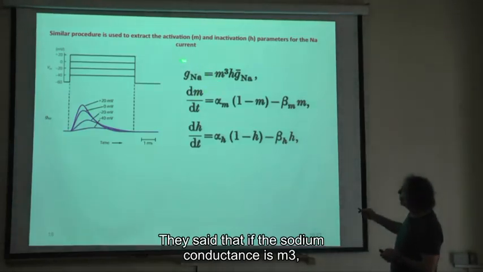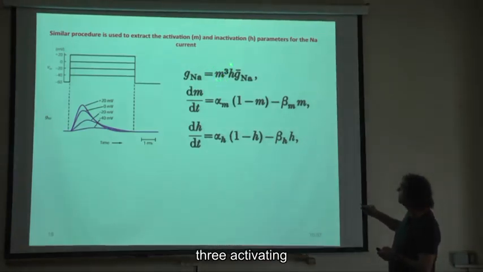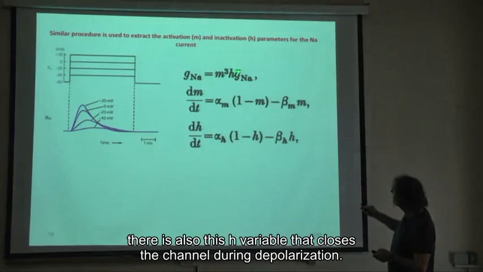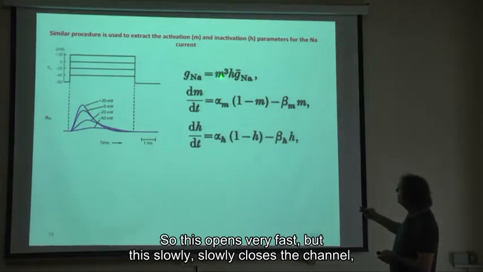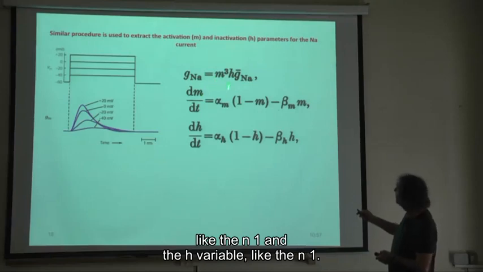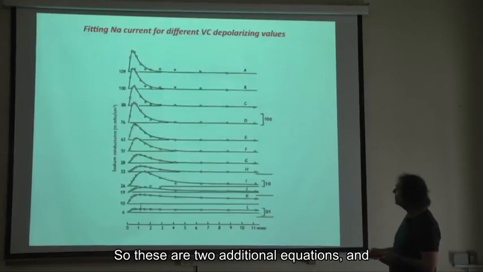They said that the sodium conductance is m cubed, three activating variables that tend to open the channels due to depolarization, but there is also this h variable that closes the channel during depolarization. So this opens very fast, but this slowly closes the channel, and these are the two differential equations that describe the m variable, like the n one, and the h variable, like the n one. So these are two additional equations.